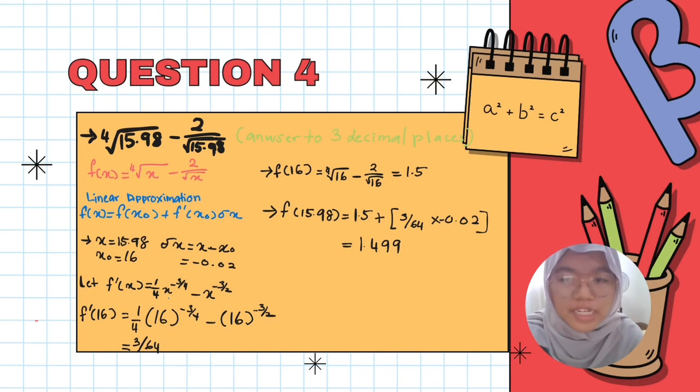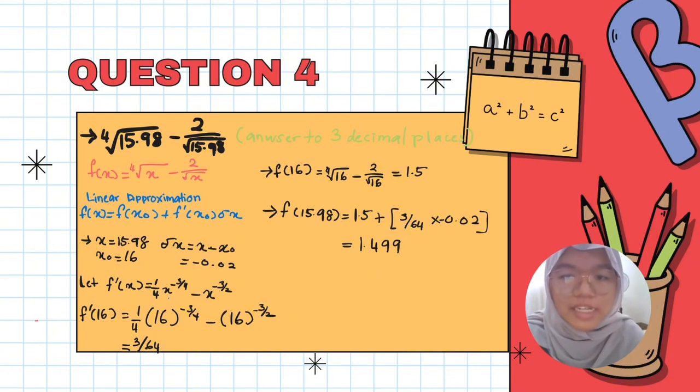Step first, differentiate to find f prime of x naught. 1 over 4 times 16 to the power negative 3 over 4 minus 16 to the power negative 3 over 2, we can get 3 over 64. Second step, find f of x naught. For fourth root of 16 minus 2 over square root of 16, we get 1.5.